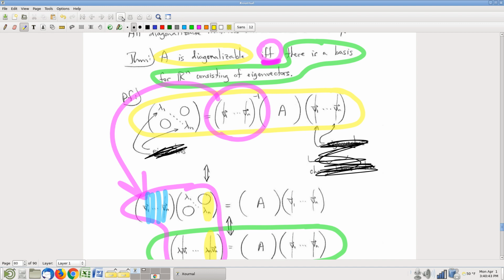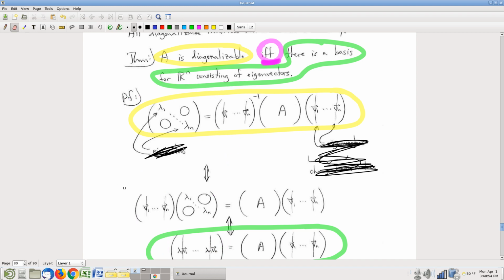Everybody on board? So, what I've left out, let me clean up my mess here. Okay, so what we've concluded, looking at this statement down here in green, is that in this diagonalization, that matrix consists of eigenvectors.